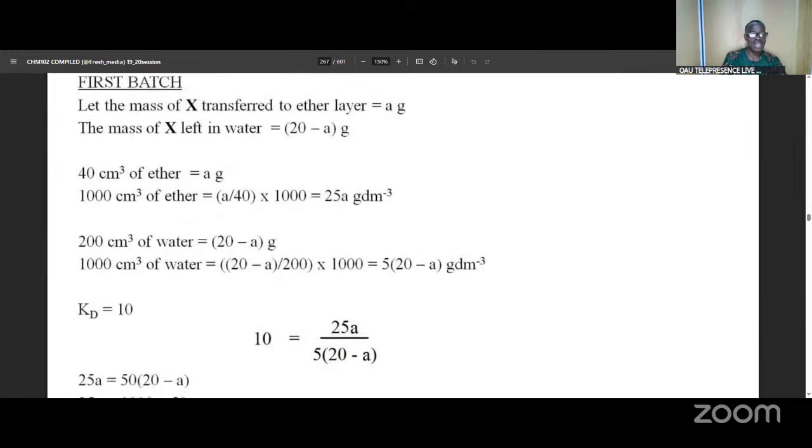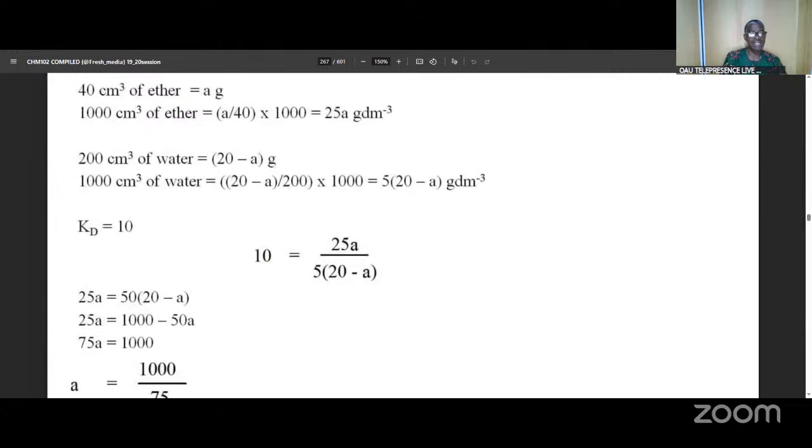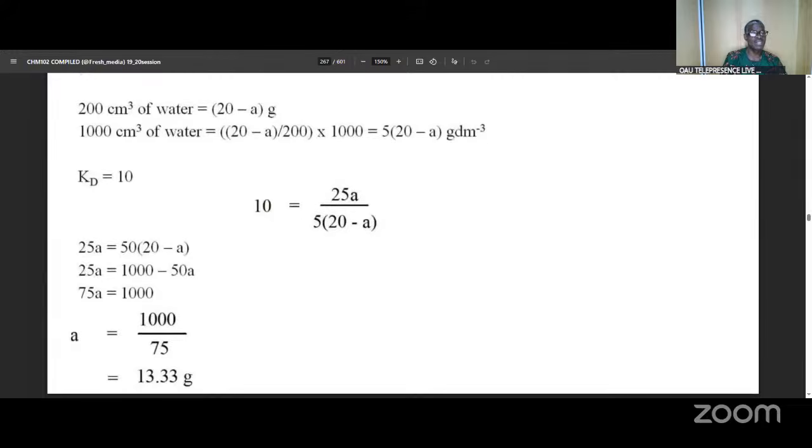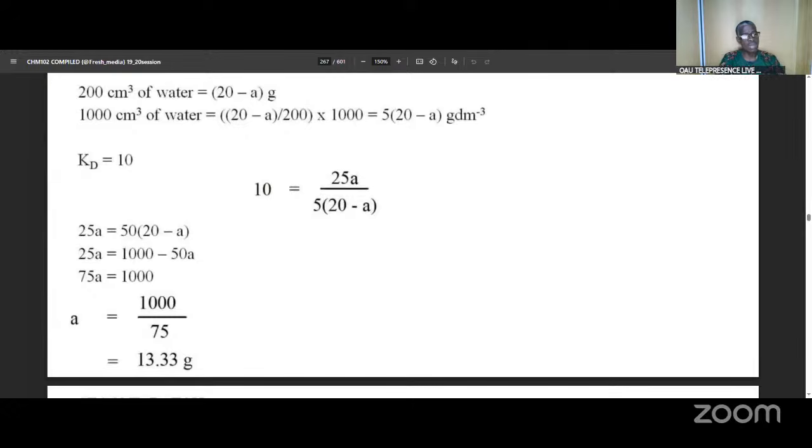Now, after these preliminary steps, let's substitute all these values into our Kd formula. Kd is equal to the concentration in gram per dm cube of X in ether over the concentration in gram per dm cube of X in water.